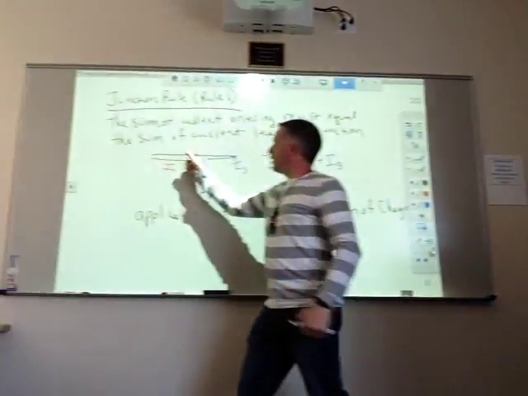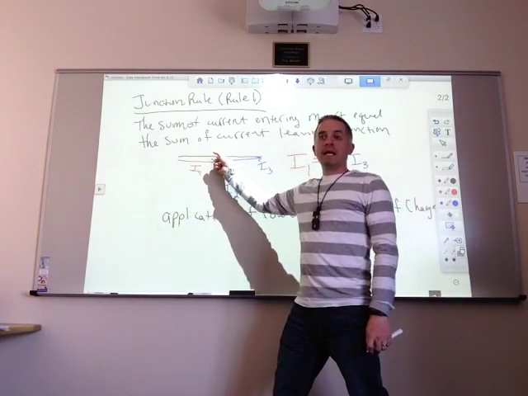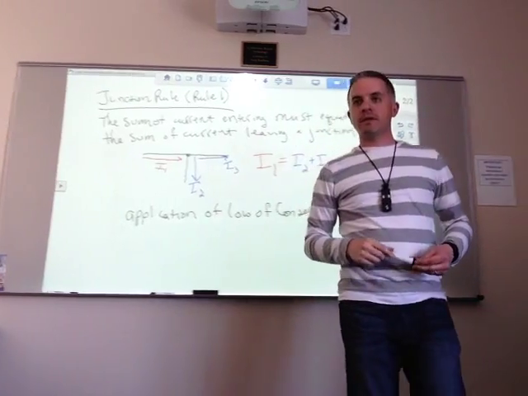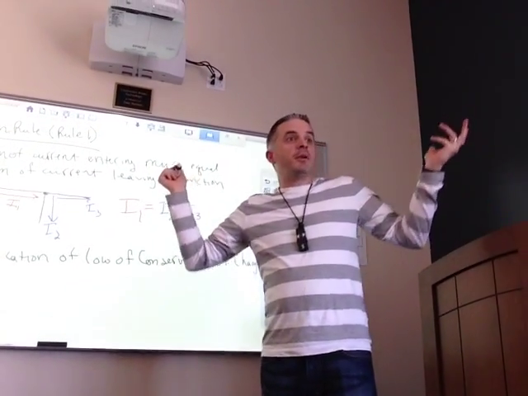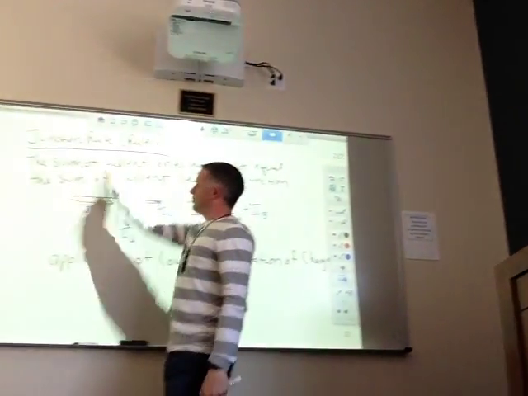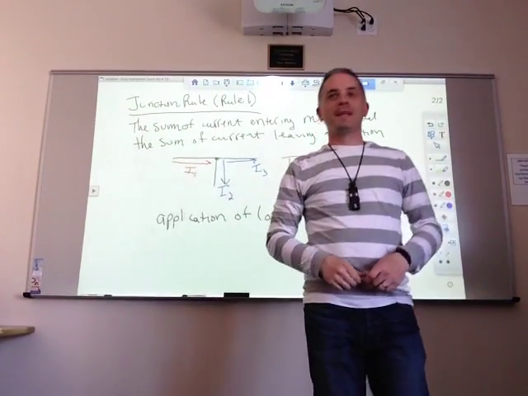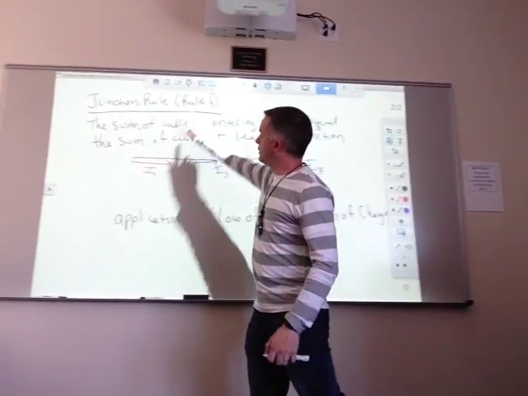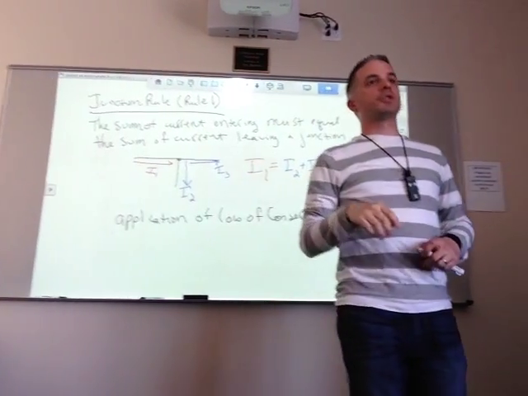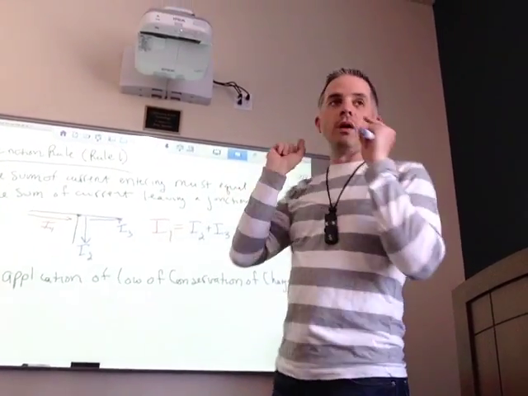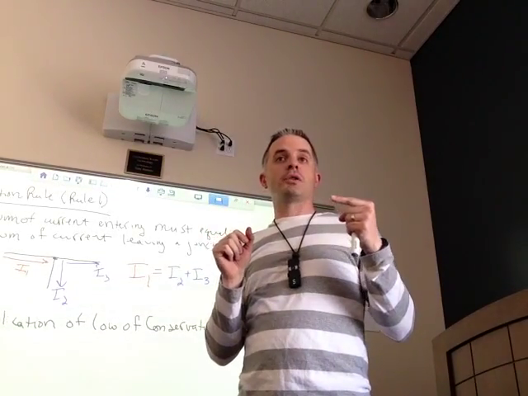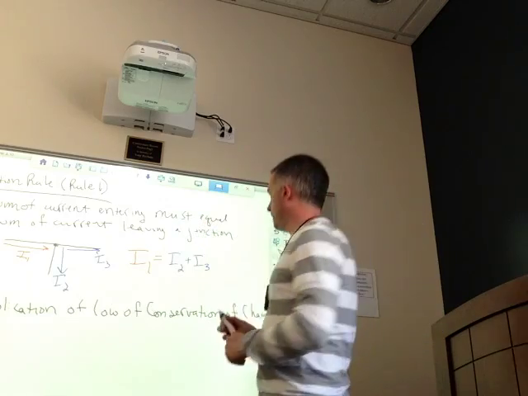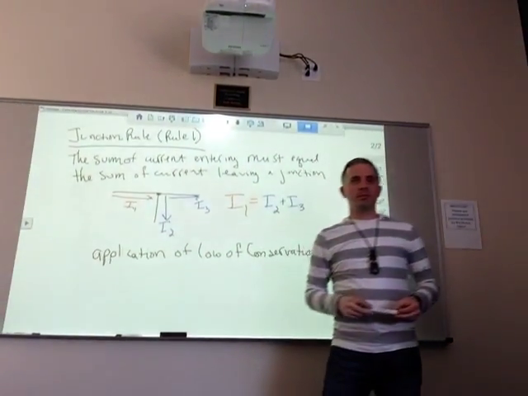All the charge going in there needs to be equal to all the charge that splits off into those other two paths. Charge can't just disappear. It's not like, sweet, we're at a junction, I'm out. It's got to go somewhere. So again, the junction rule is just conservation of charge. We can't lose it, we can't gain it. It has to go somewhere. Pretty simple.